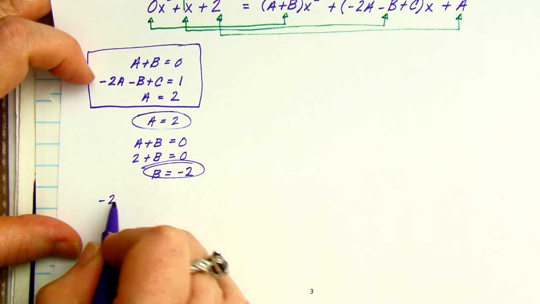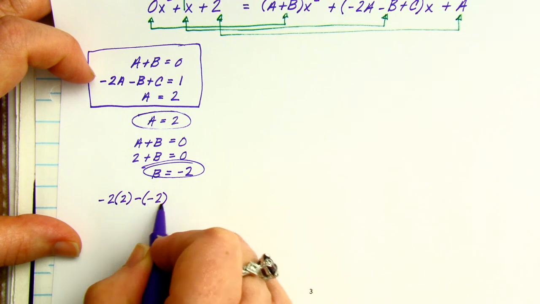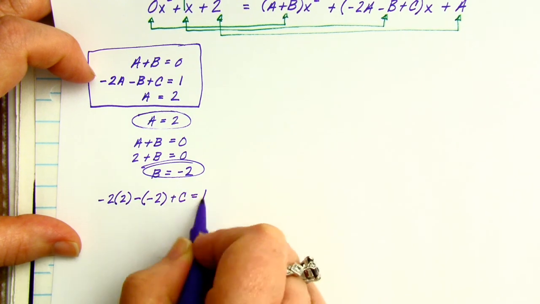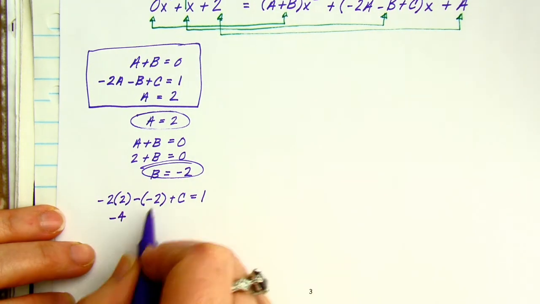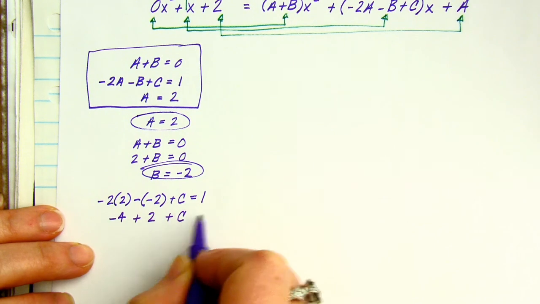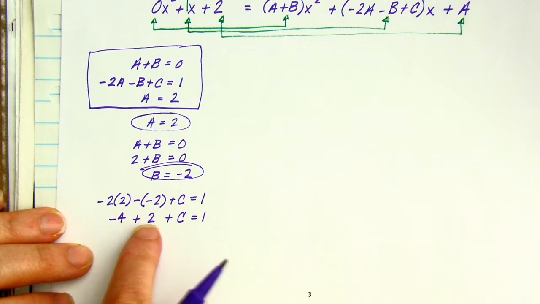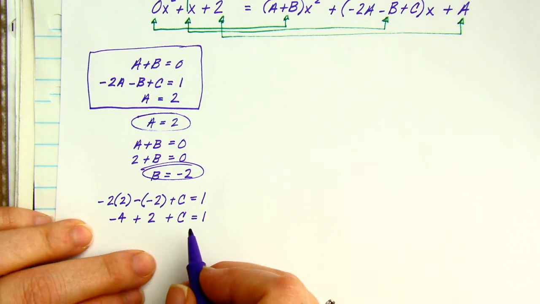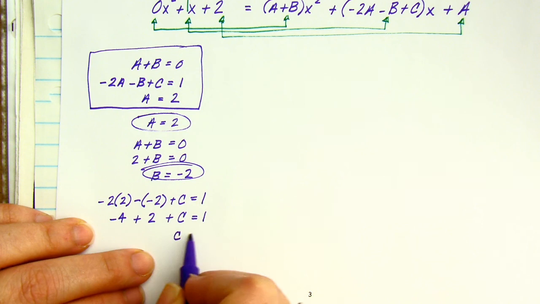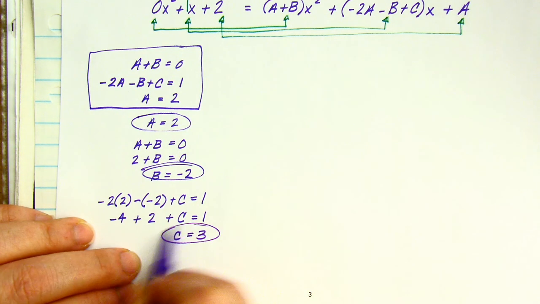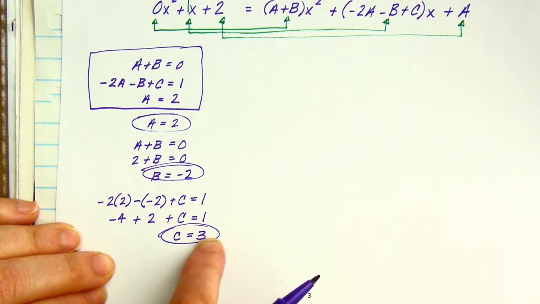Negative 2 times a, which is 2, minus b, which is negative 2, plus c is 1. Here we have negative 4 plus 2 plus c is 1. Negative 4 plus 2 is negative 2, and actually I'm going to take the negative 2 over by addition. When I add 2 to both sides, I get c, and over here I get 3. So c is 3.